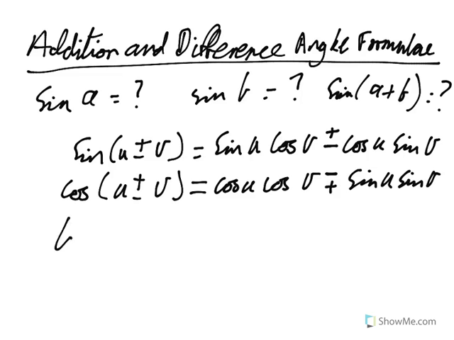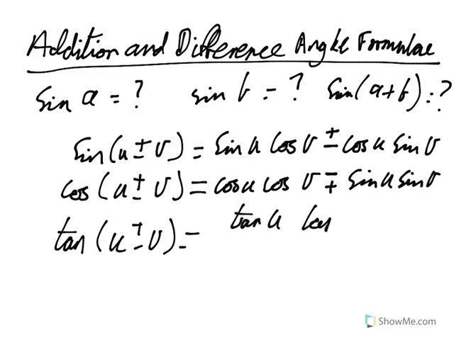And then of course there's the tan ones as well. So tan of u, again plus or minus v, and what we have here is tan u, tan v, and on the bottom we have the 1 and tan u times tan v.